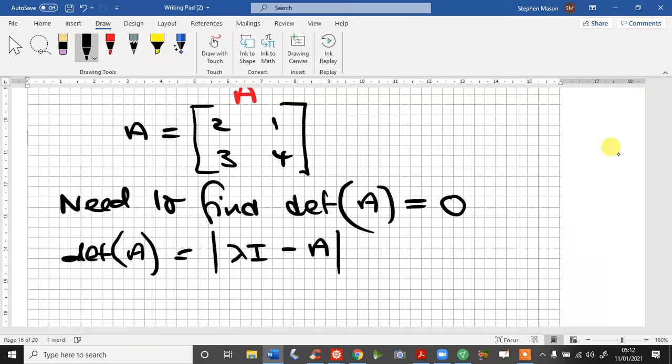Now I always write it round that way, with the lambda I first and then the actual matrix A subtracted from it.